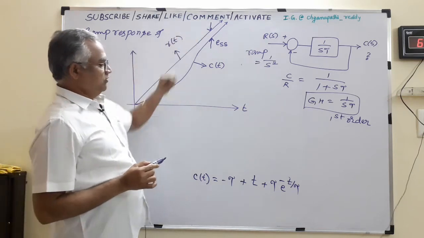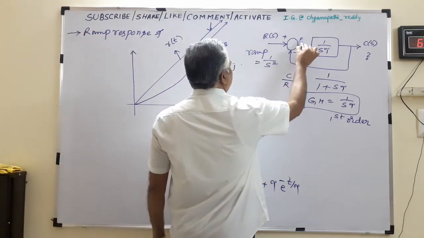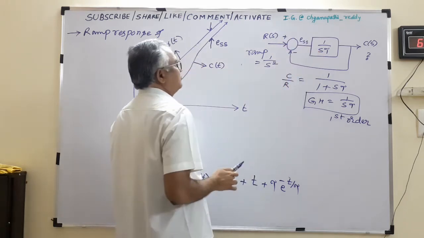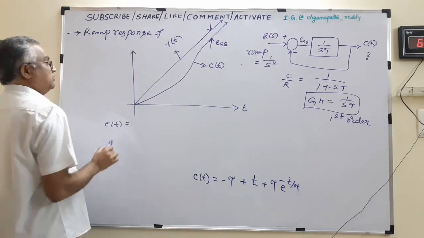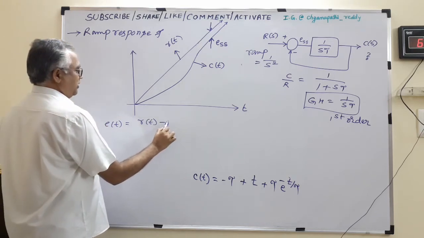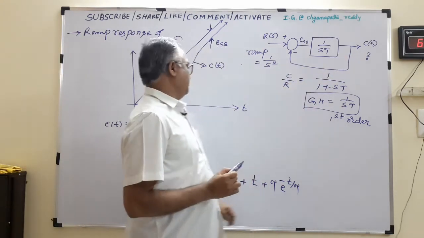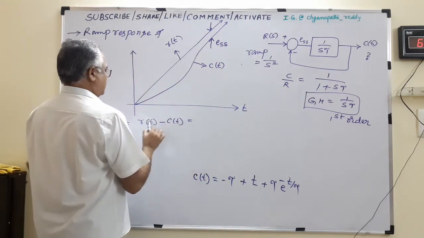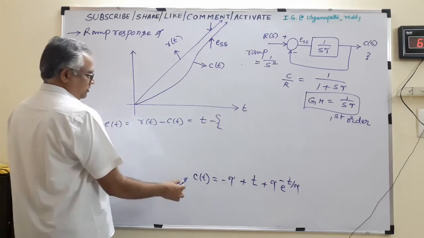So how much is this value? Let us find out. This is steady state error, ESS. So this error is nothing but this minus this. So E of t, the error signal, is input R of t minus this, but this is nothing but C of t. So R of t is a ramp, that is t, then C of t is this.